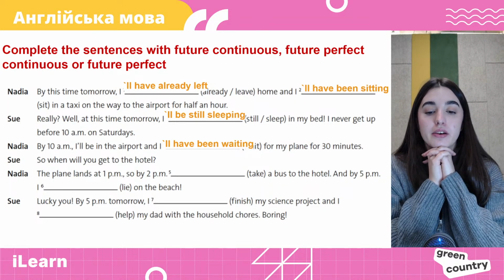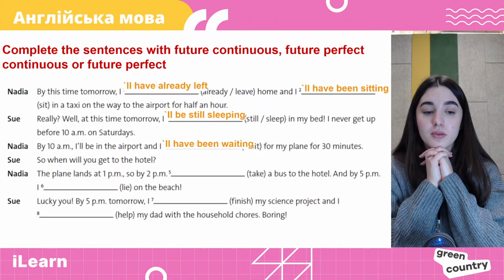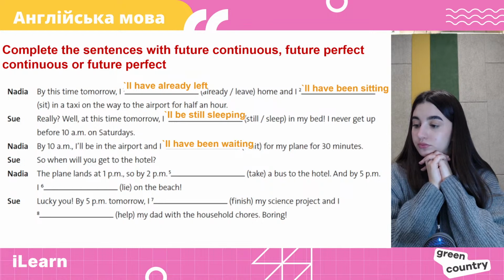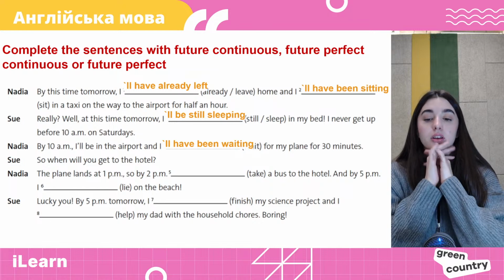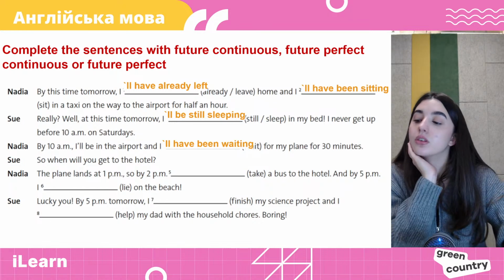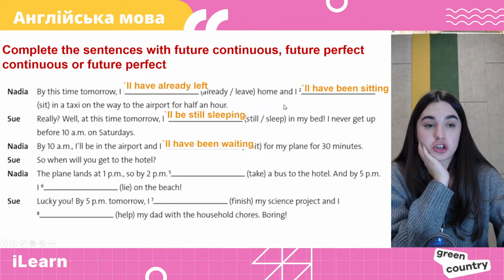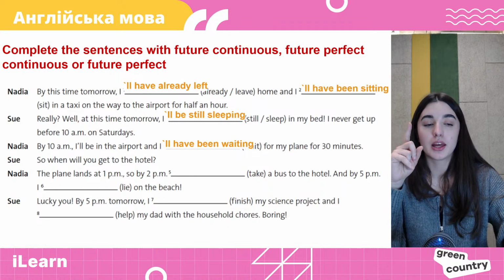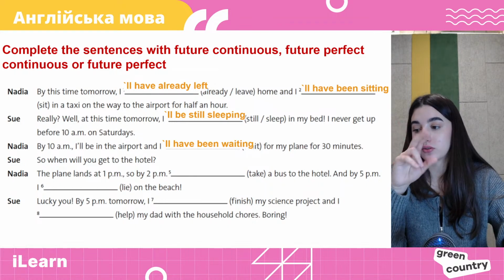Okay, let's have number 5 and 6. So please write them down. To make future perfect continuous, we should have both by some time and duration.